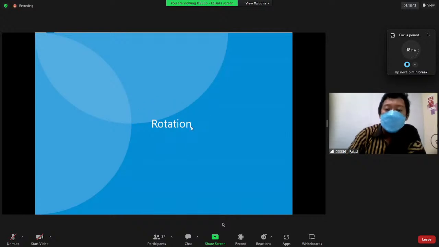Jadi kita akan melihat bahwa rotation itu bisa kita punya dua cara ya. Satu pakai inner product, satu pakai a matrix. And the result will always be the same.